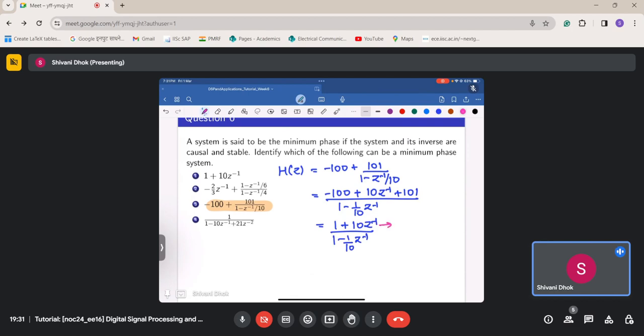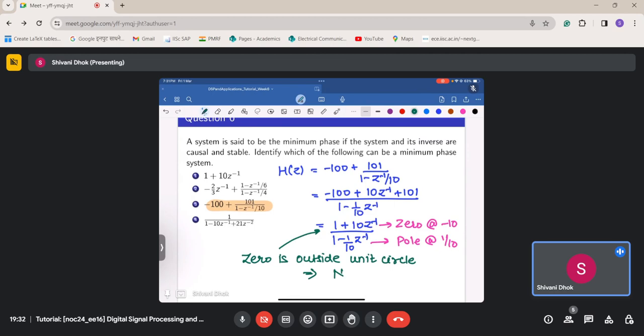So here we have a zero at minus 10, and we have a pole at 1 by 10. And since this zero is outside the unit circle, therefore this is not minimum phase.